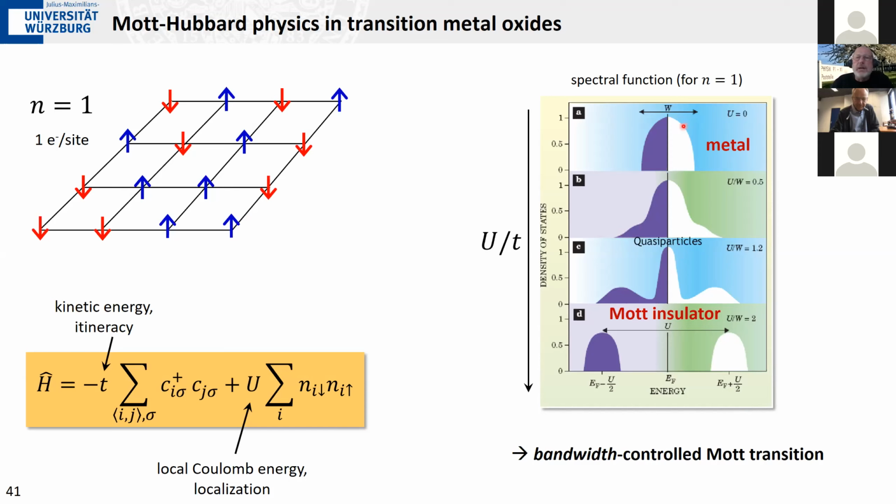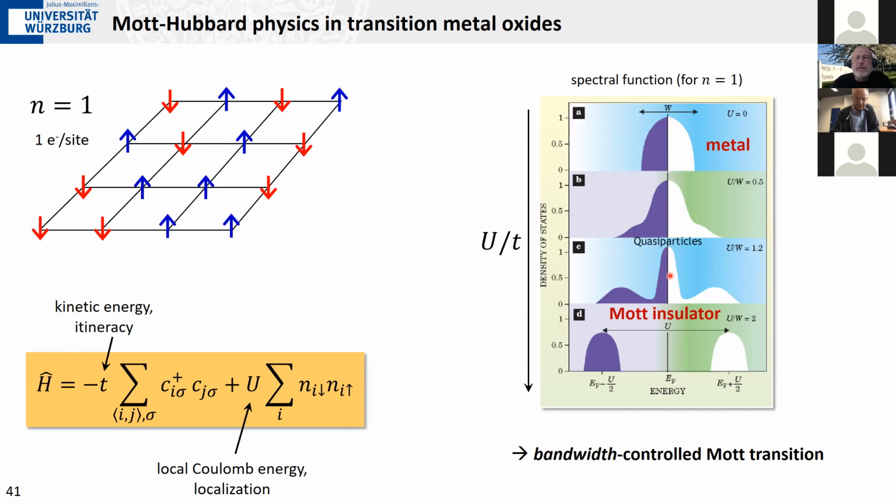And at the same time, our metallic density of states will shrink in width. This is nothing but the band renormalization that electrons experience in the presence of strong electron correlations. And as you go to stronger and stronger correlations, this band becomes increasingly narrower. The band mass will increase.